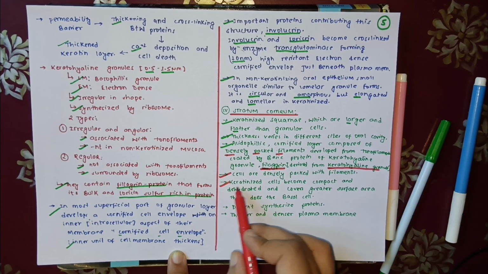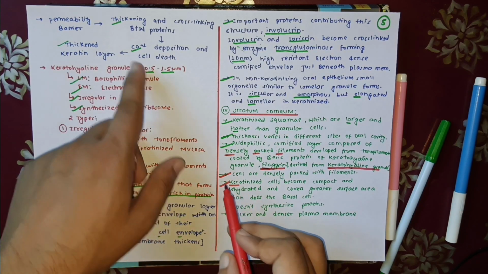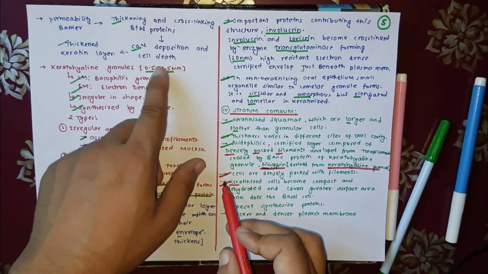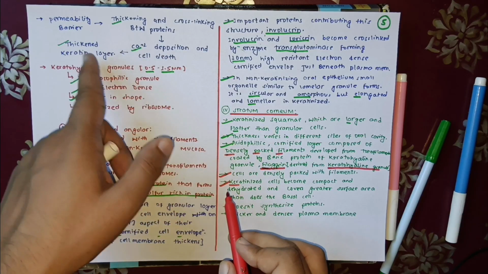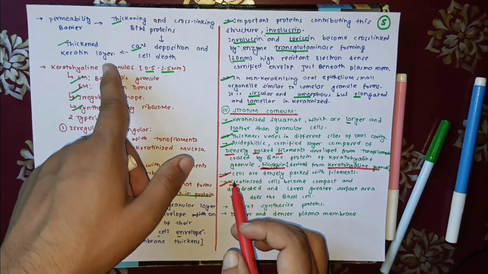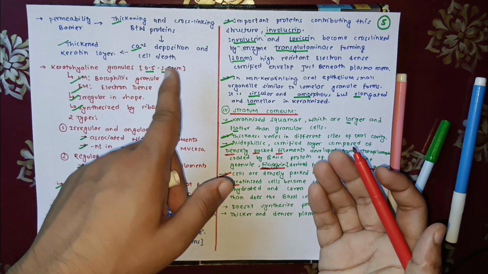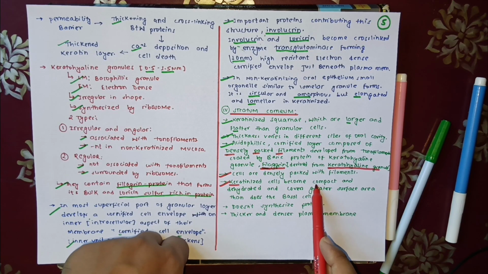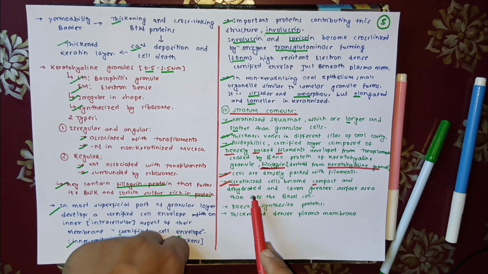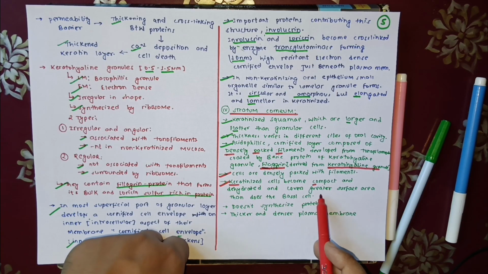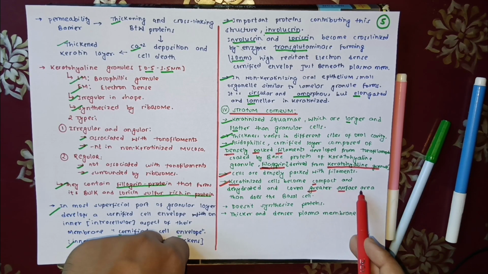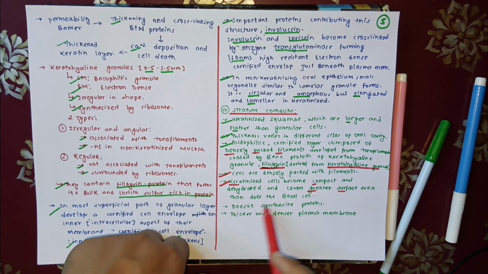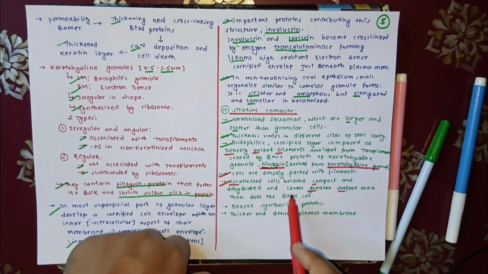So calcium deposition takes place there, and after that there is keratin deposition. Similar thing is written here: keratinized cells become more compact and dehydrated. So they become dead and cover a greater surface area than does the basal cell. This line is written in Orban's.